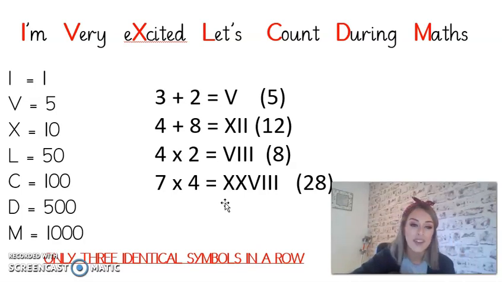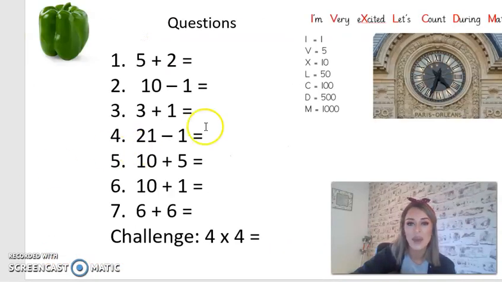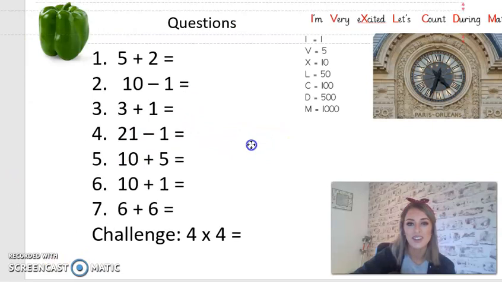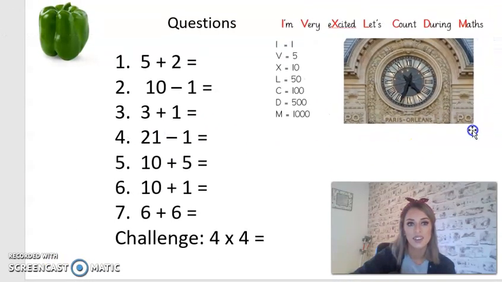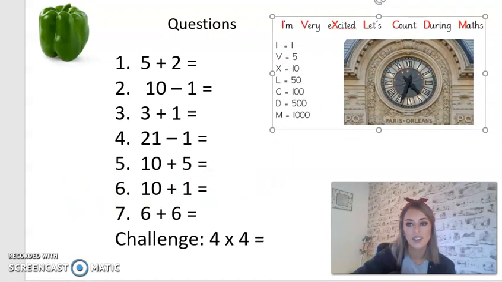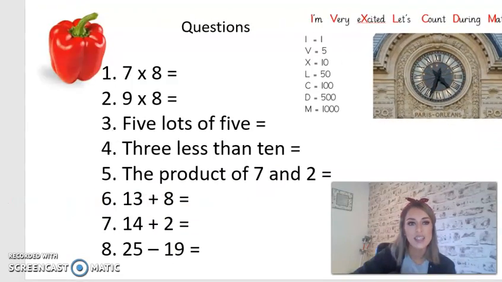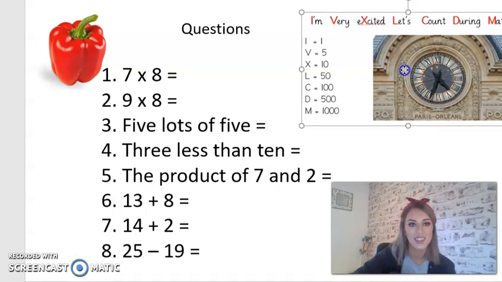So our first set of questions, I'm going to show you green, red, and chili. And then afterwards, I'm going to show you the answers. So when you see the questions you want to complete, pause the video and get cracking. Green pepper questions. Red pepper questions.